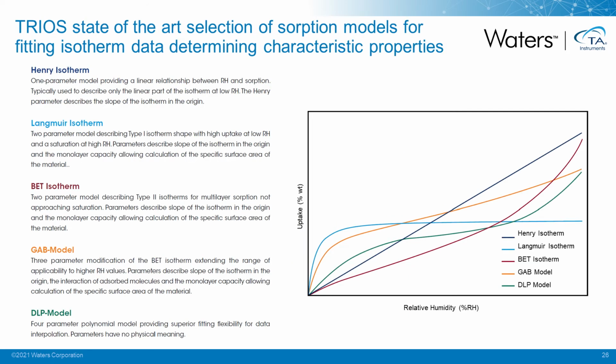As far as the Discovery SA is concerned, I had mentioned in an earlier slide that the shape of the sorption isotherm is very important, especially with sorption weight curves. That's because you can fit those types of curves to models and understand certain things from them.